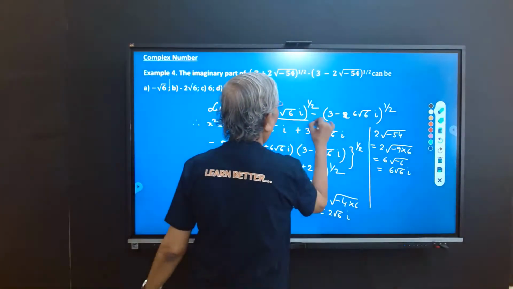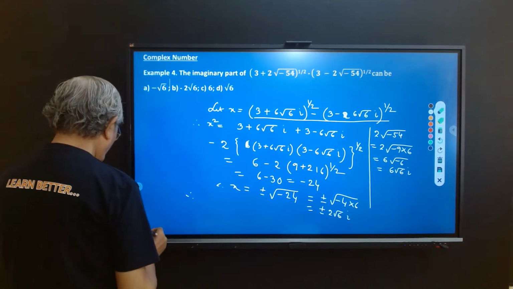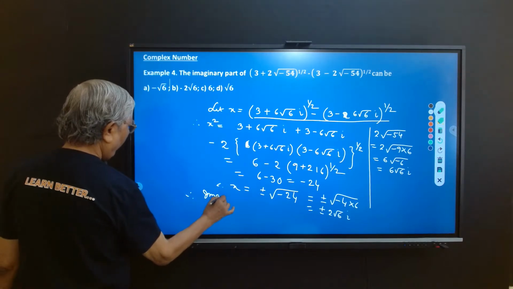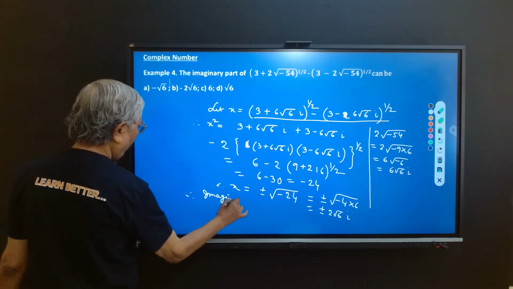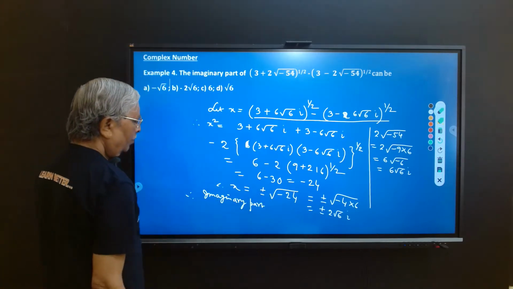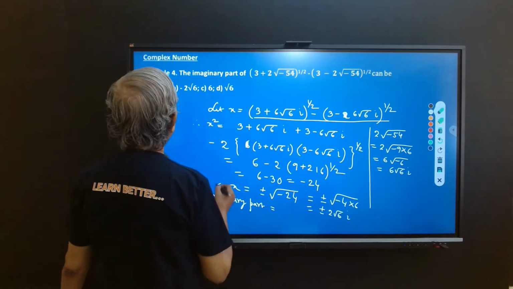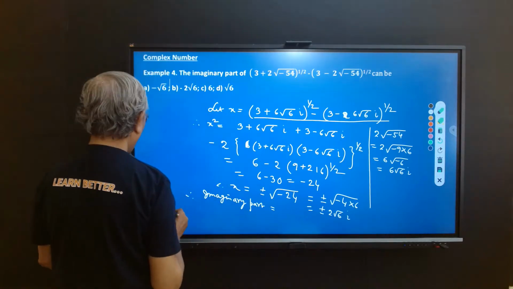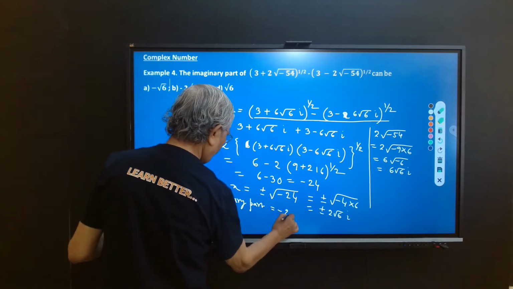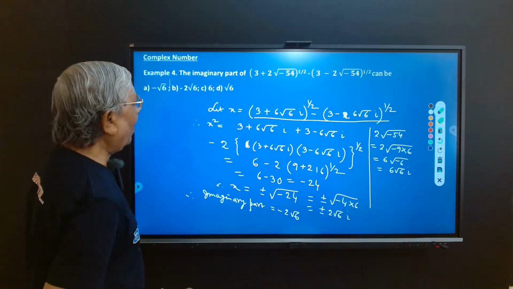What is our x? The total expression. Therefore, the imaginary part equals to this, this is the imaginary part.